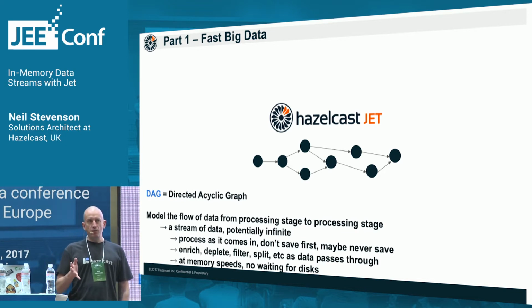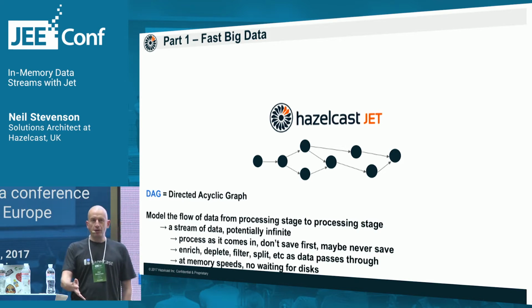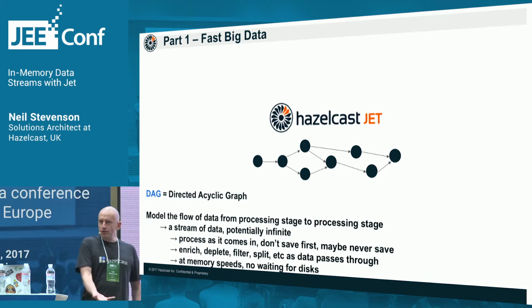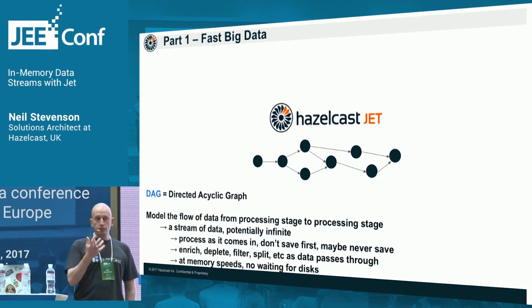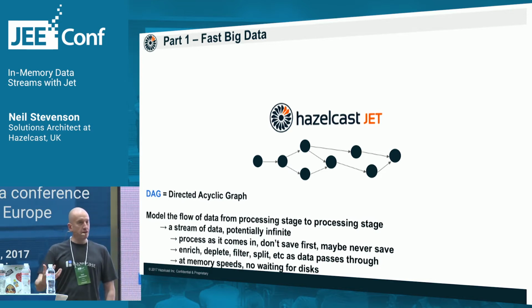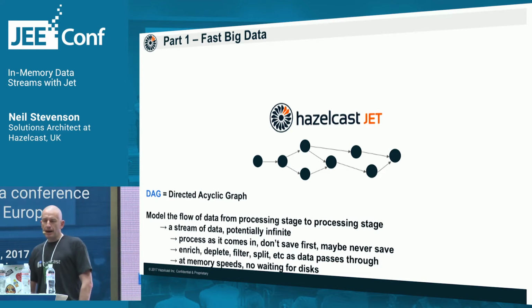And there's a secret problem that you're storing data to process. Why do you want to store it? Storage costs money as well as time. So perhaps what you want to do is process the data as you receive it and store the results, rather than store the input, store the output. And that's where Jet comes into play.